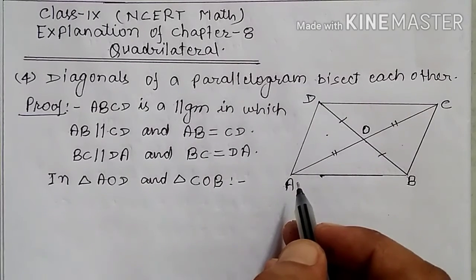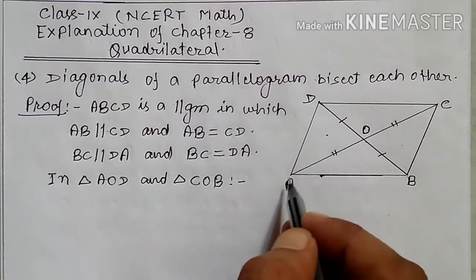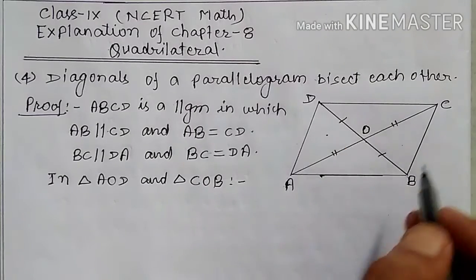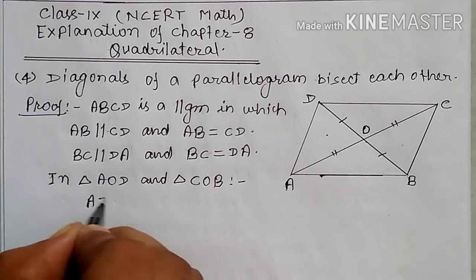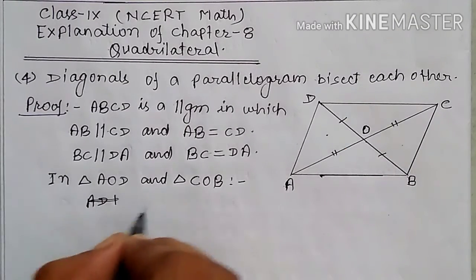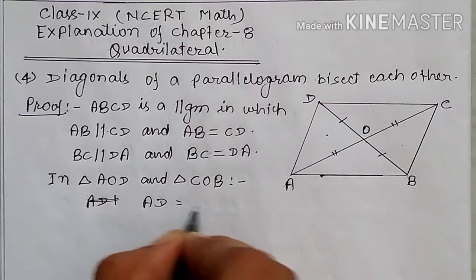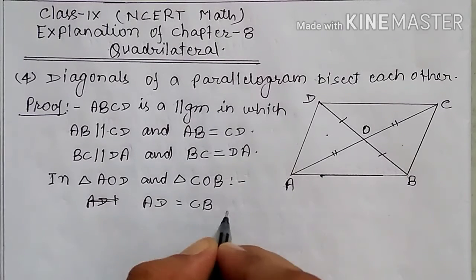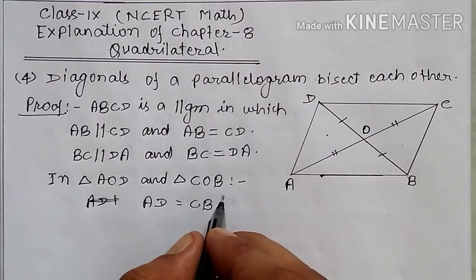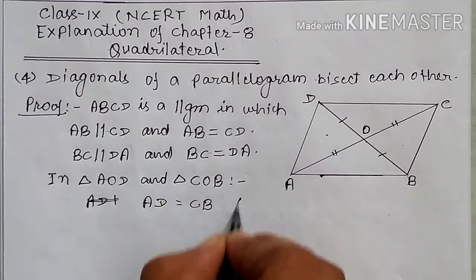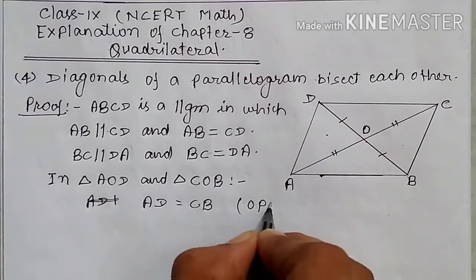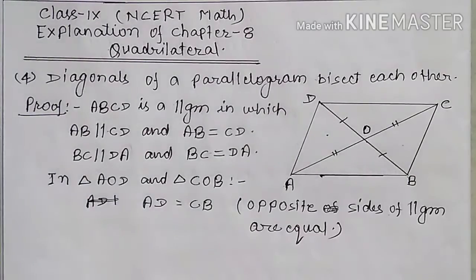Side AD is equal to CB. Opposite sides of the parallelogram. Reason is opposite sides of a parallelogram are equal.